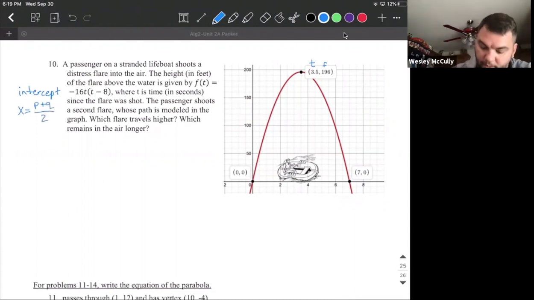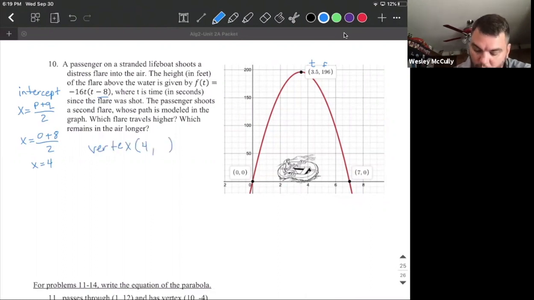Now you might notice that this first t doesn't have a p value with it. It's not in parentheses with anything, and that tells you right there that p is 0. And the q value in there, remember it must be opposite. We're going to call q 8. 0 plus 8 over 2 is equal to 4. So the x value of the vertex is 4.